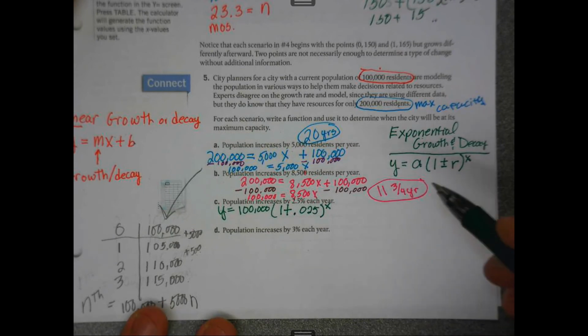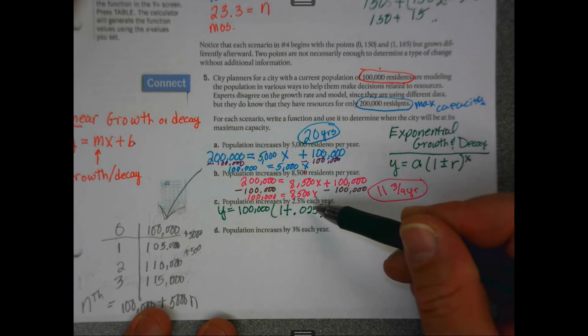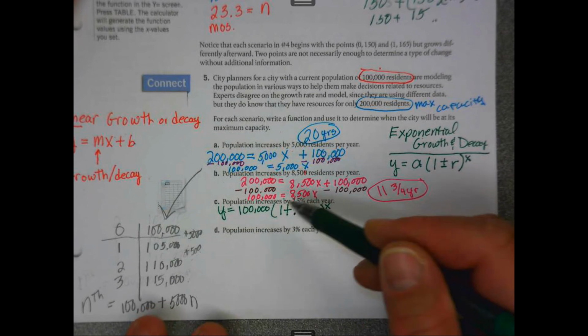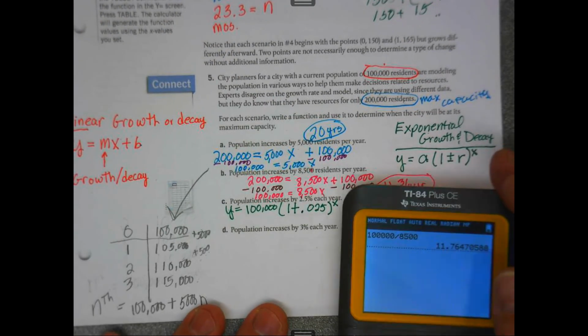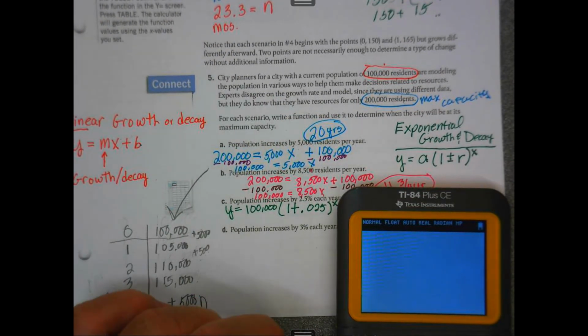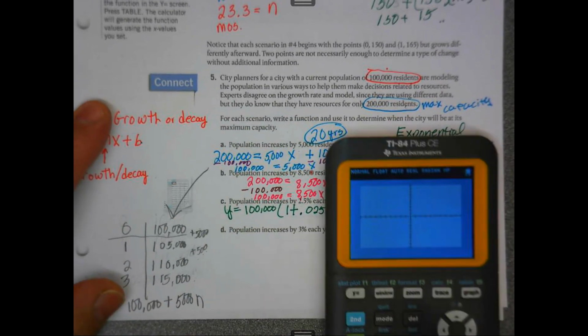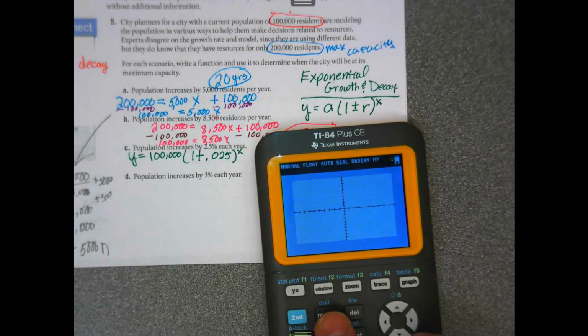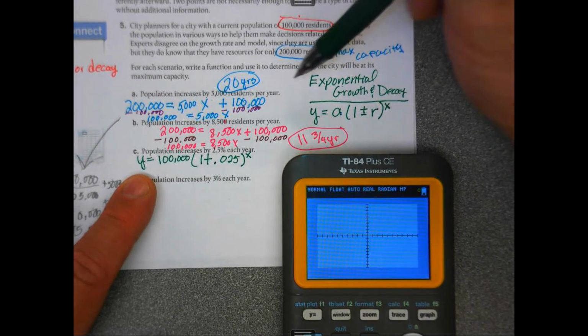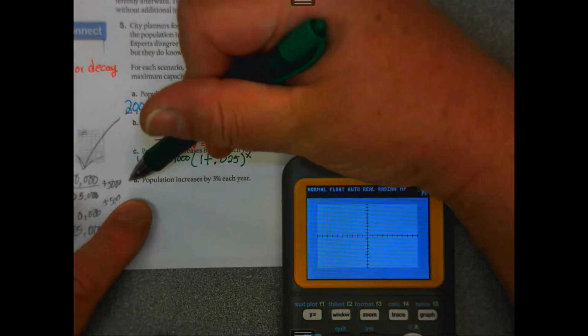Okay, and I'm going to plug this into the calculator in my y equals button. I have 100,000 times 1 plus 0.025 raised to the x. I'm going to graph it, let it graph. And I'm looking for when y is 200,000 because that's our max.